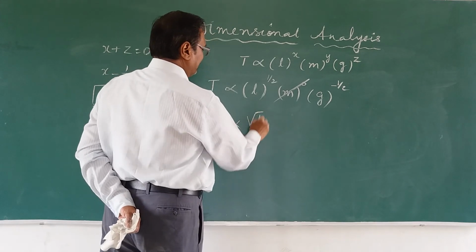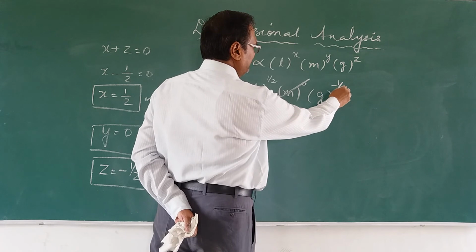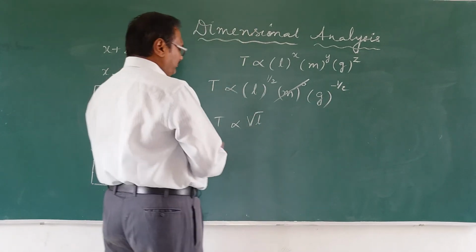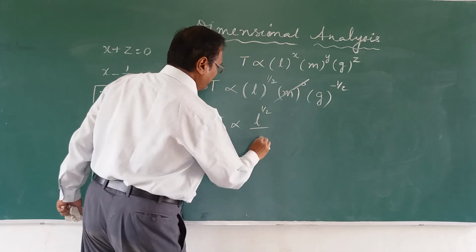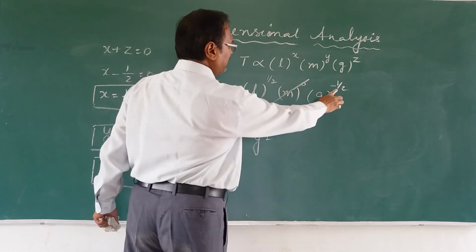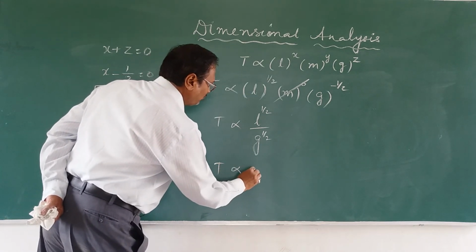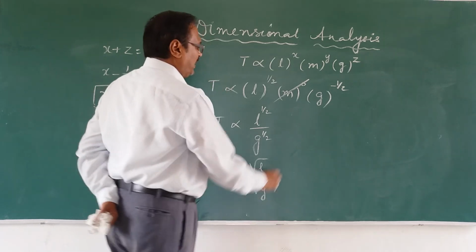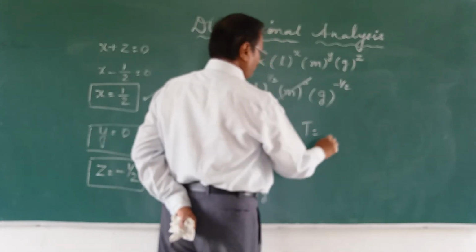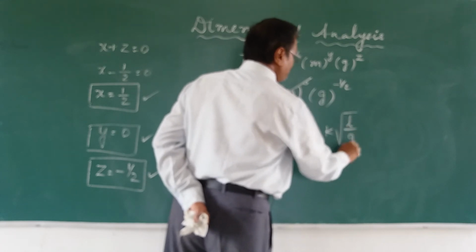Root L, right? Now g power minus half is nothing but, I will make one more step, L power half divided by g power half. I brought this into the denominator. T is proportional to root L upon root g, or T is equal to some constant k root L by g.